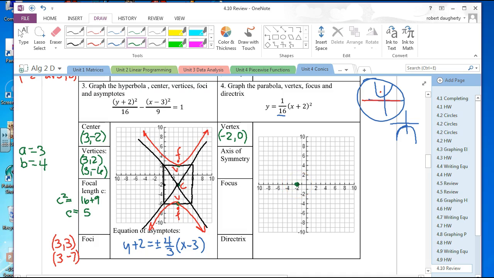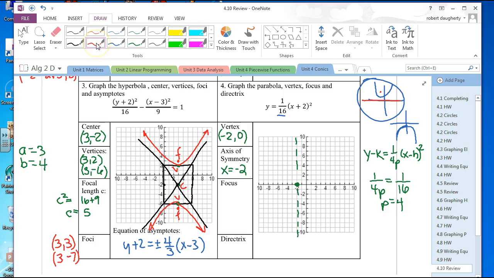The axis of symmetry. This is a vertical parabola. The axis of symmetry is that line that you see right there: x equal -2. To find the focus, the form is y minus k equal 1 over 4p, x minus h squared. So if 1 over 4p equal 1 over 16, that means that p is equal to 4.